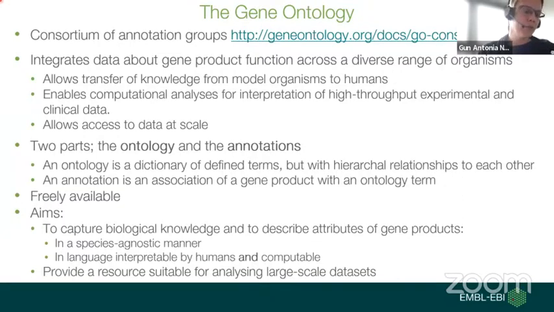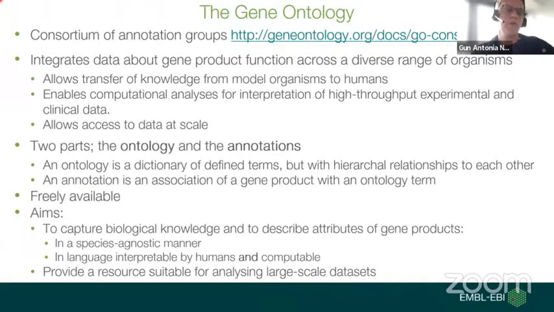And of course, the traditional method of disseminating scientific findings, via publications, is a very low throughput method of sharing knowledge, whereas the Gene Ontology allows sharing of data at a more efficient scale. The GO consists of two parts: the ontology itself, and the annotations that are made to the ontology.